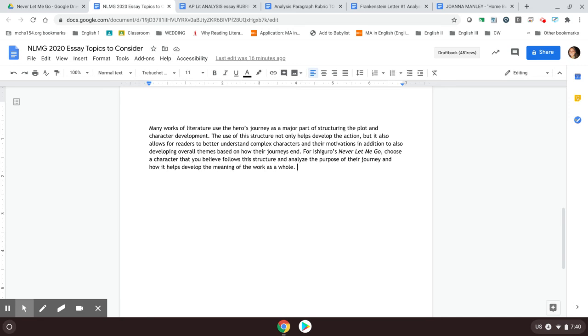So if we do this part together, let's just say we're going to write a thesis statement, or for an analysis paragraph, a topic sentence. We might come up with something like this. In Kazuo Ishiguro's Never Let Me Go, a book about clones struggling with questions of their own humanity, and we'll just say, for the sake of things, we'll choose Ruth.